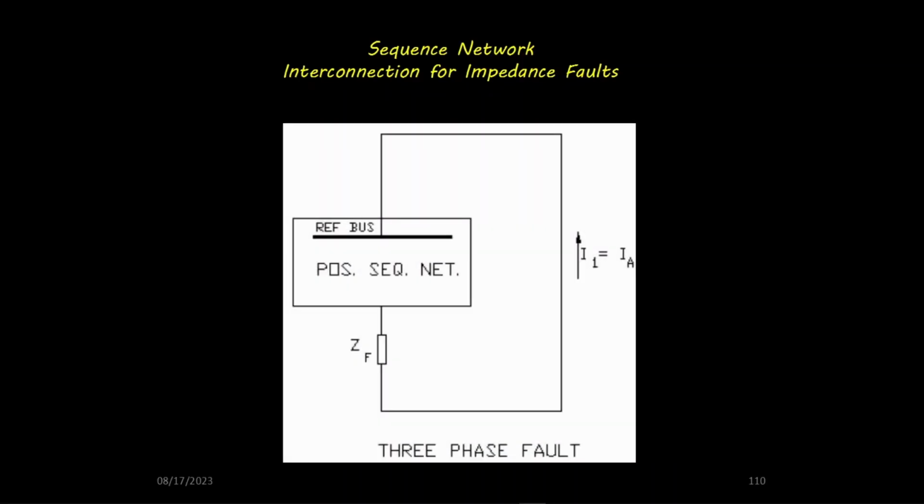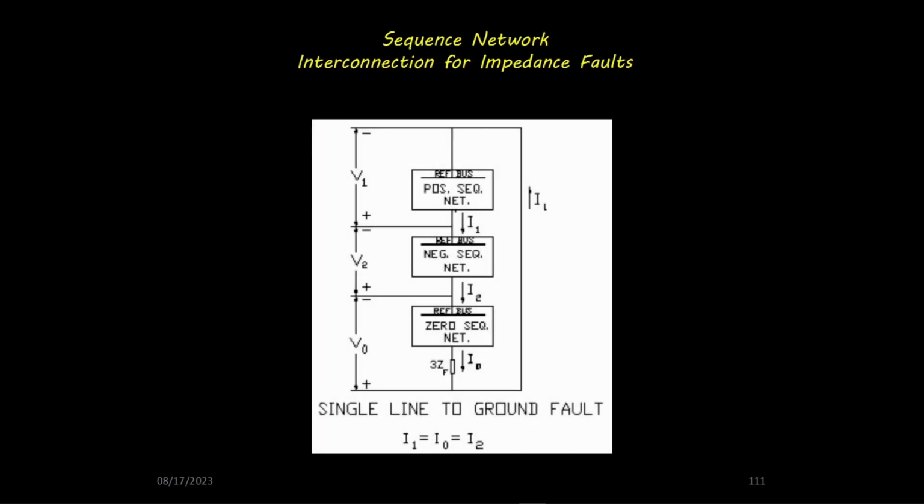For three-phase faults, where the fault has an impedance, the impedance is placed in series with the positive sequence network. The total impedance is Z1 plus ZF. For the line-to-ground impedance fault, the fault impedance is placed in series with the zero sequence, positive sequence and negative sequence impedance.